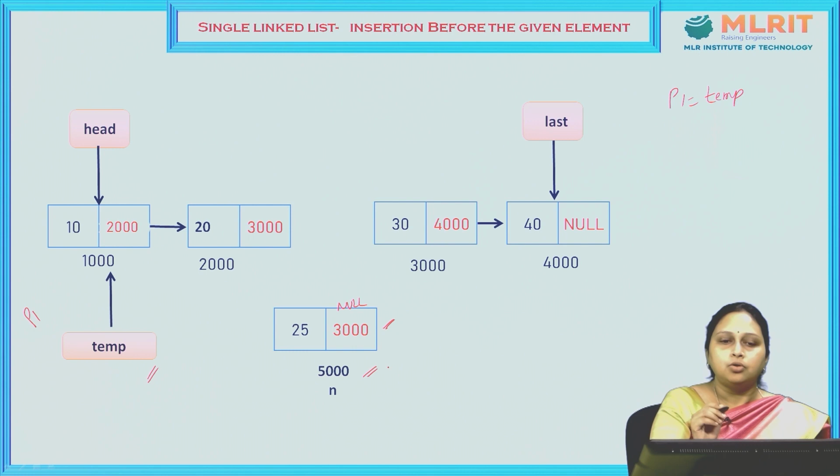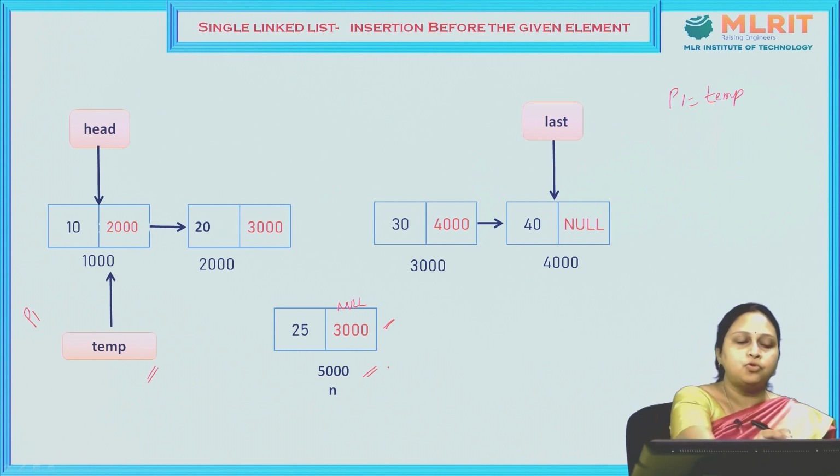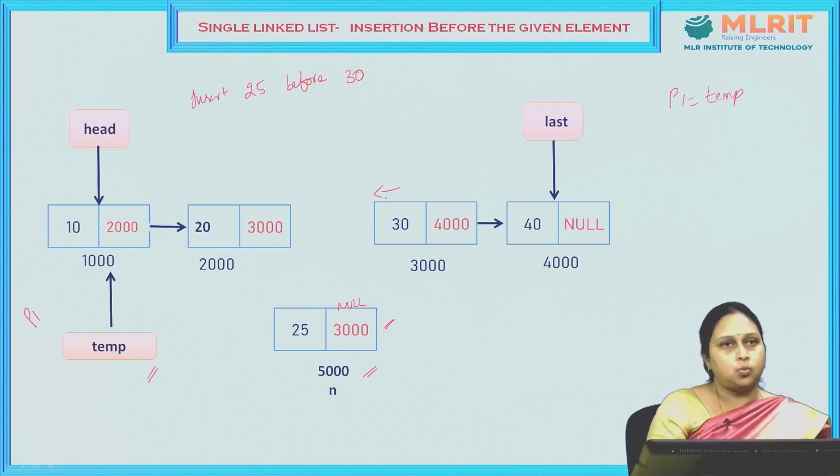Now, to insert a node before the given element, suppose I am inserting 25 before the element 30. That means I want to insert the element before this 30. Now, what am I going to do? I am going to traverse this temp through my single linked list, so that I can search whether the element 30 is in the list or not.